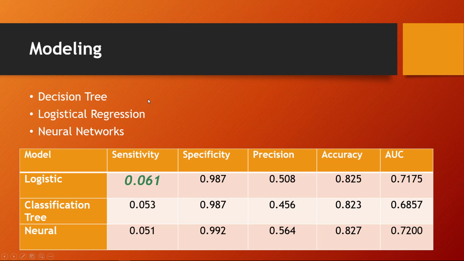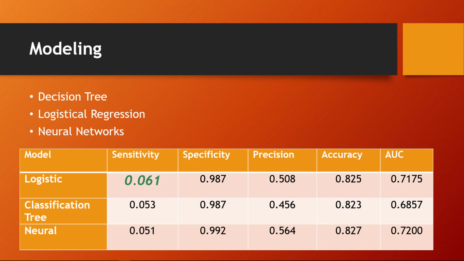Modeling. We evaluated 3 models: decision trees, logistic regression, and neural networks. Our predictive model would produce confusion matrices that would show us how often we guessed whether a loan was charged off versus whether they were actually charged off. There are a couple of important observations here. First, sensitivity corresponded to bad loans that were correctly rejected.